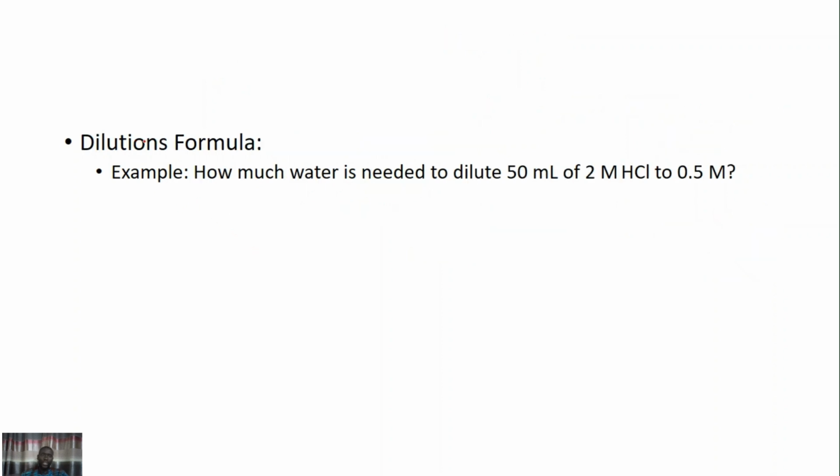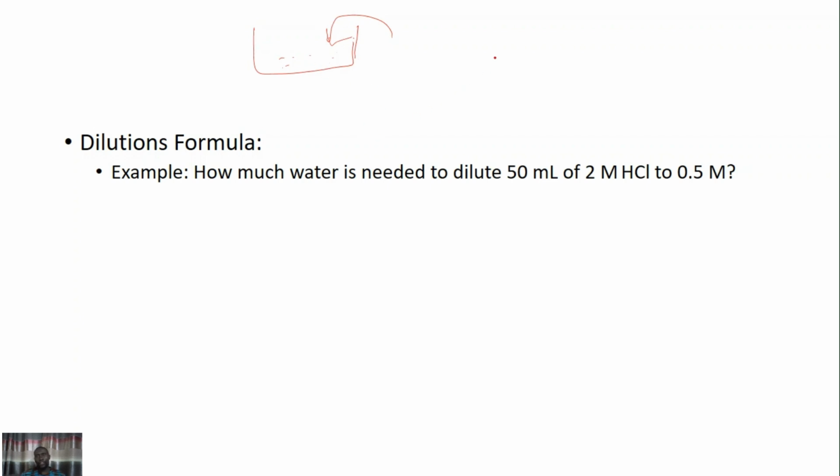Okay, now also the dilution formula. Dilution is about adding water to a solution to make it up to a concentration. That is dilution. And when you are adding water into a solution, you know that the mole of the solute that is dissolved in that solvent is not changing.